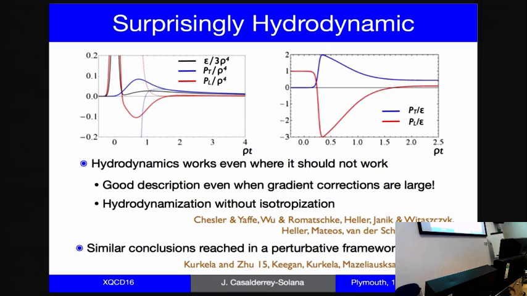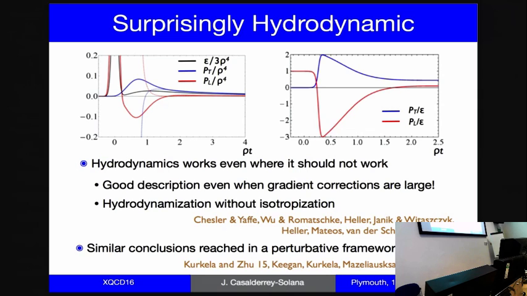In particular, you can plot the full numerical evolution of the transverse pressure, meaning the pressure perpendicular to the collision axis, and the longitudinal pressure, the pressure along the collision axis, for different widths of the colliding objects.